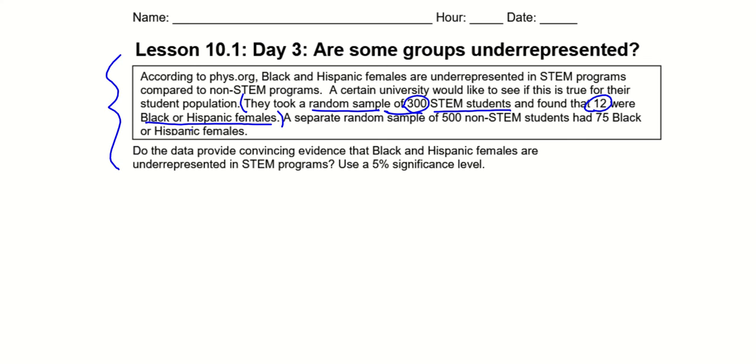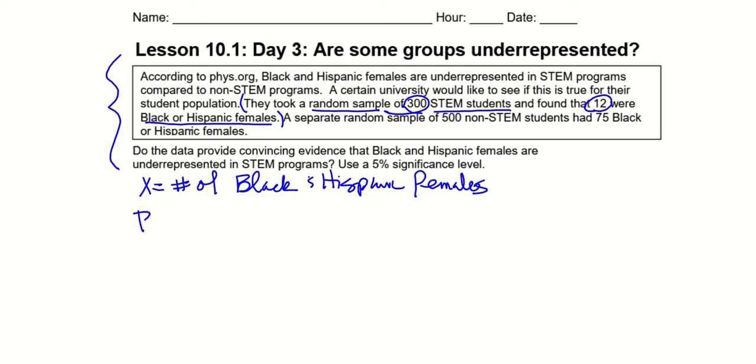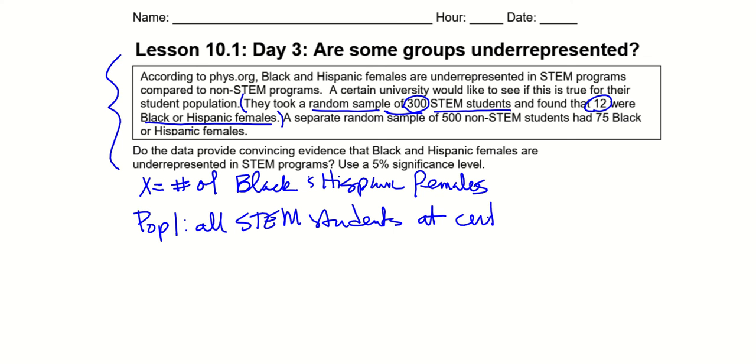So as we look at this, there are a few things that are important to us. One is that our variable X is the number or the count of Black and Hispanic females. We have a population, and population 1 is all STEM students at this certain university.